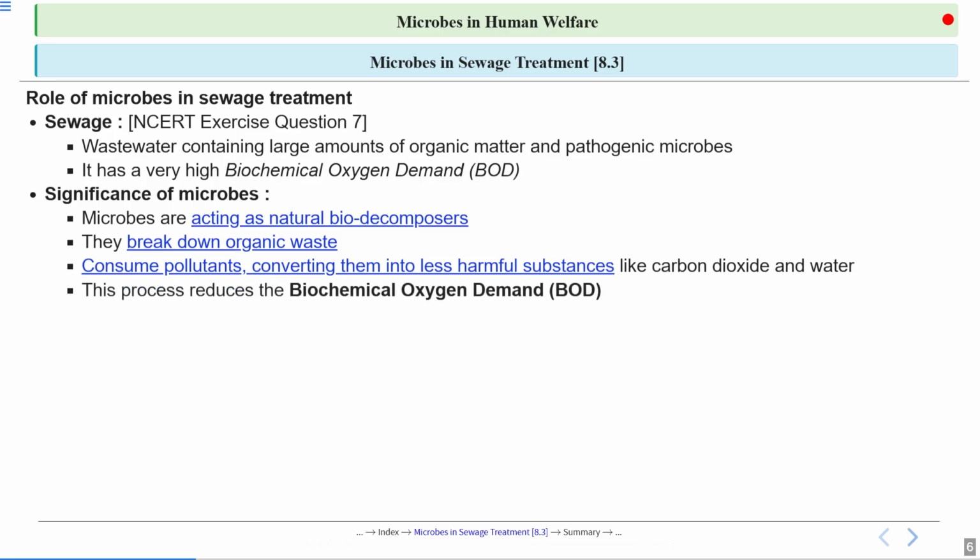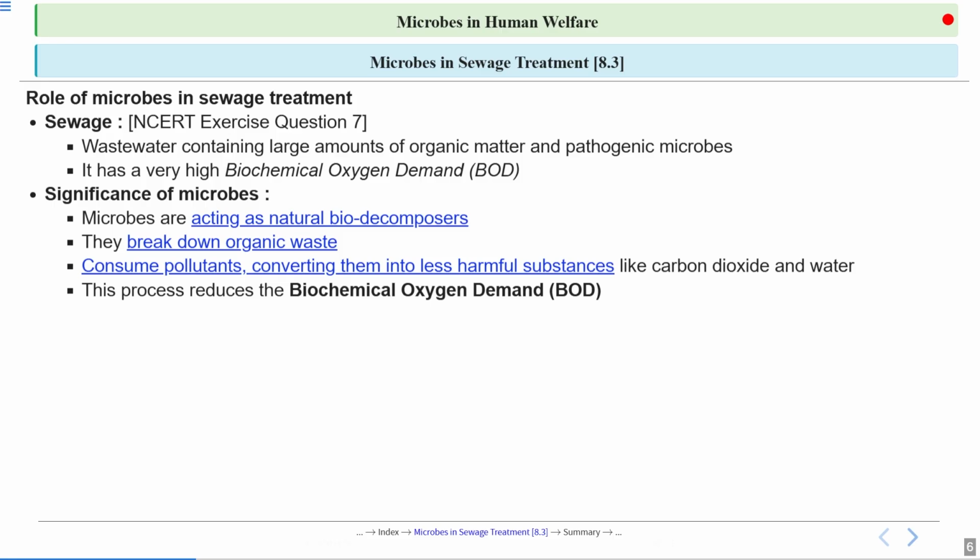Now, this process reduces the biochemical oxygen demand. As microorganisms break down the organic waste, the BOD also reduces. Lowering BOD is essential for making water safer for the environment. Clear?